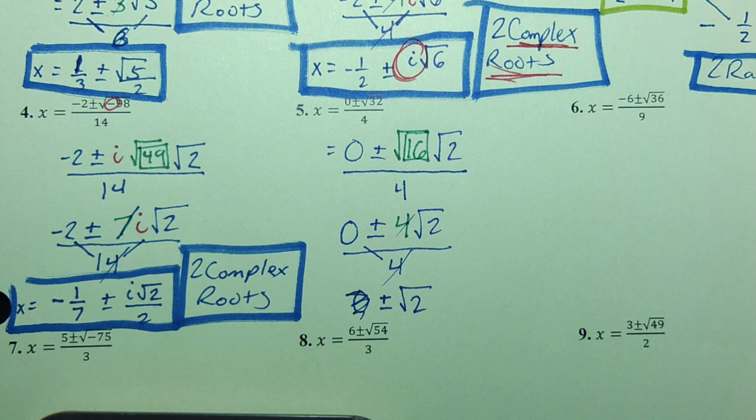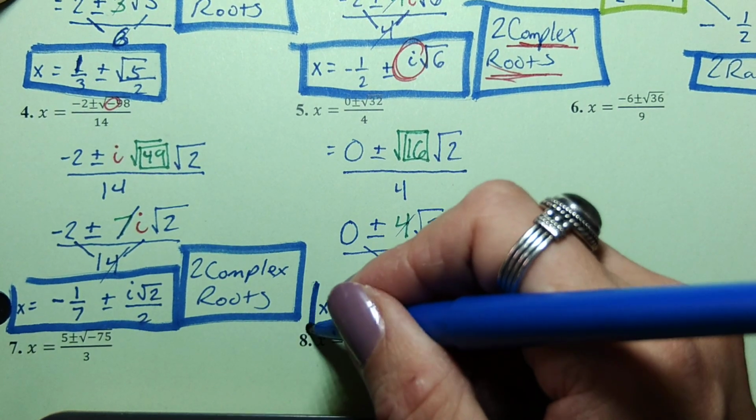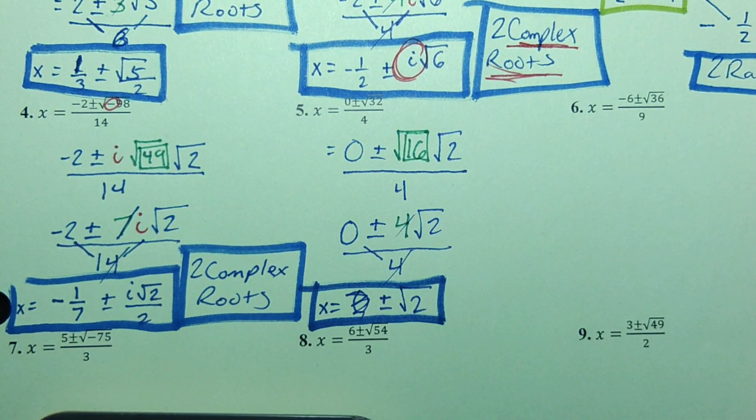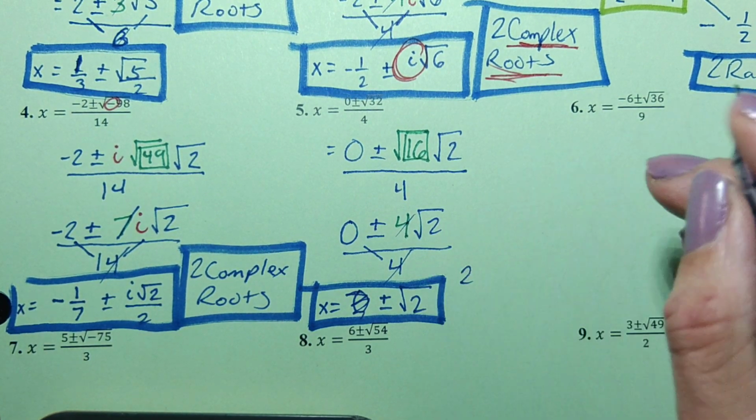Do I need the plus or minus in front of the radical 2? Yes. So that plus or minus is still important because that's what shows me that I have 2 solutions. So you don't need the 0. But the plus or minus in front of the radical 2 shows us that we have 2, and how would we describe these?